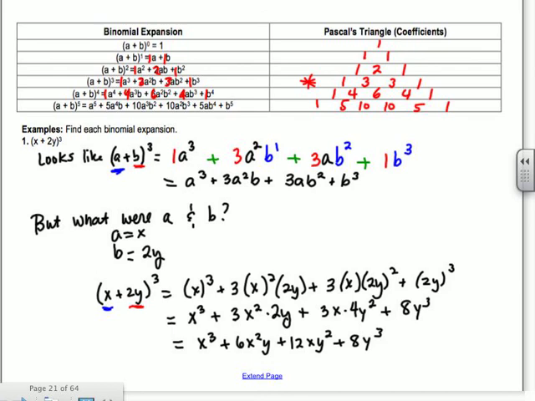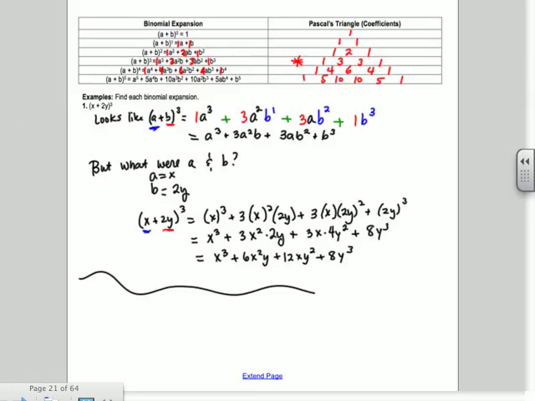All right, so some people like to see the a and the b and go through that method. Personally, if I'm going to have to multiply this all out anyway, the way I do it is I just say, okay, if I have (x plus 2y) cubed, I know I'm going to have 1, 3, 3, 1. And I'm thinking, okay, well, the first thing is x, right? The a value is x.